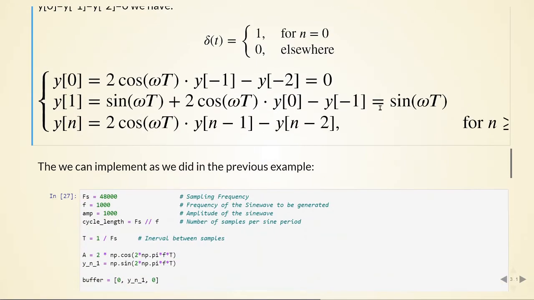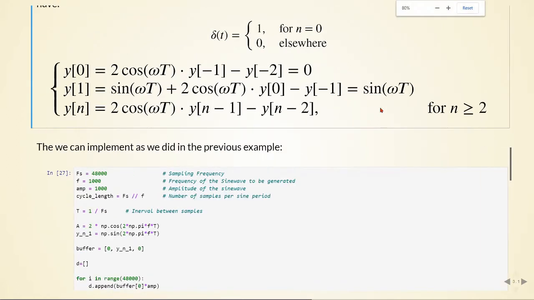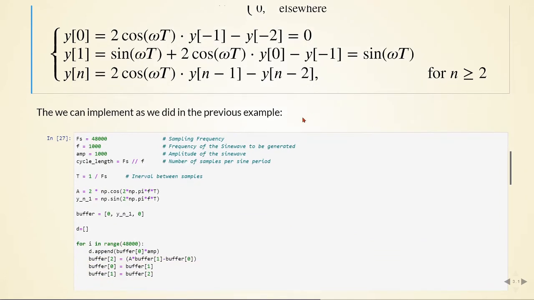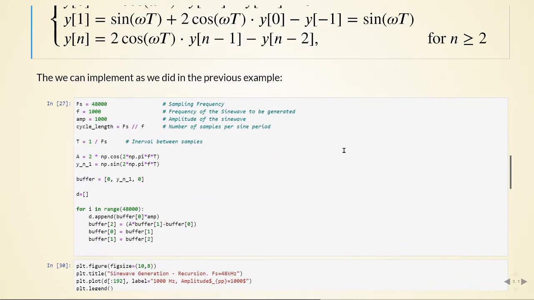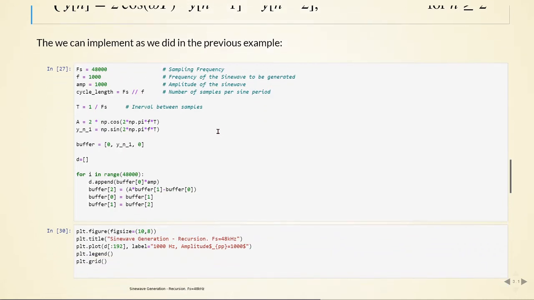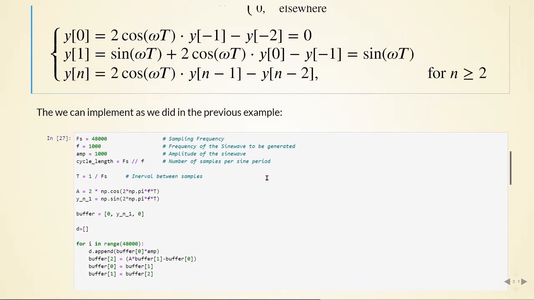So we will implement the same style like we did before. We have our difference equations, we have our y of 0 and y of 1, and in this example, instead of generating 500 Hertz, we will generate 1000 Hertz. We have the same sampling frequency, and now we have these two coefficients to calculate.